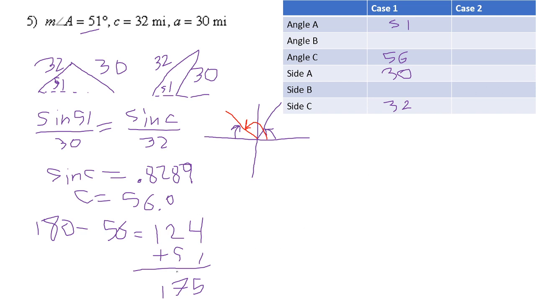That 124, our other angle, is our C prime. I'm just putting in C prime as a way to differentiate between two C angles, or you could say C2. With C2 and angle A, we have a possible triangle. So 124.